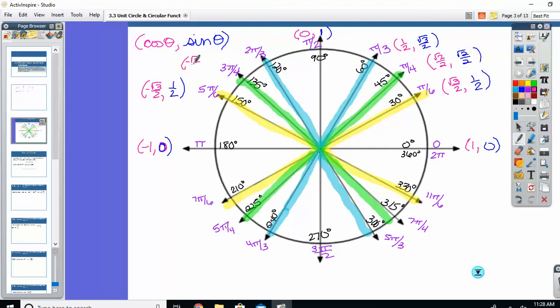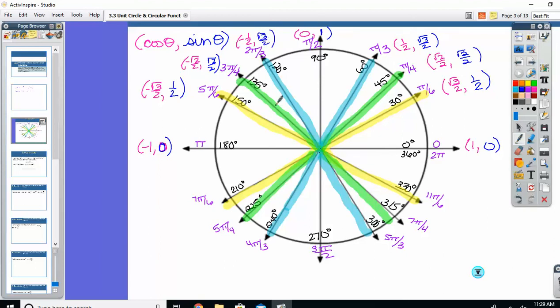Negative radical 2 over 2, positive radical 2 over 2. Negative 1/2, positive radical 3 over 2.